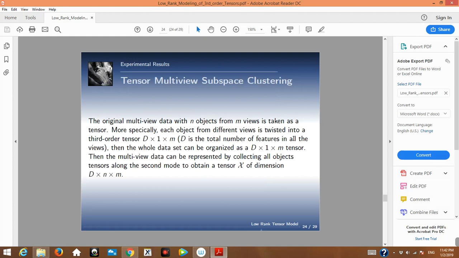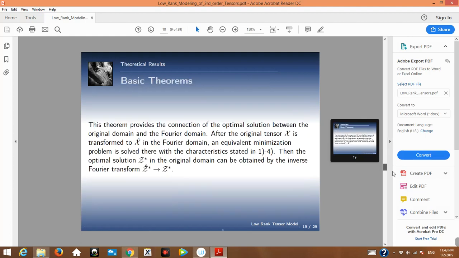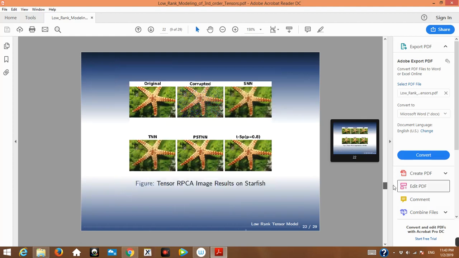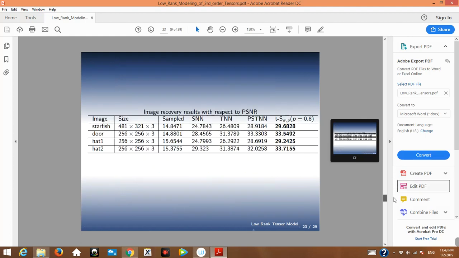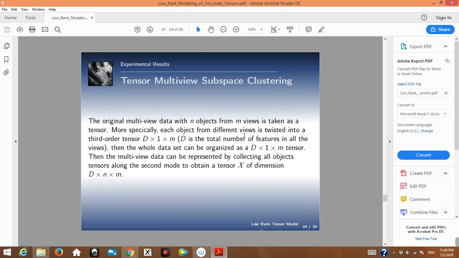Now, we talked about subspace clustering before, but now people can group the image data into a tensor like this, according to different views and different features.